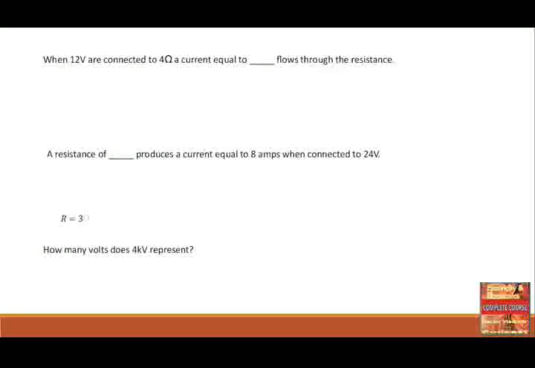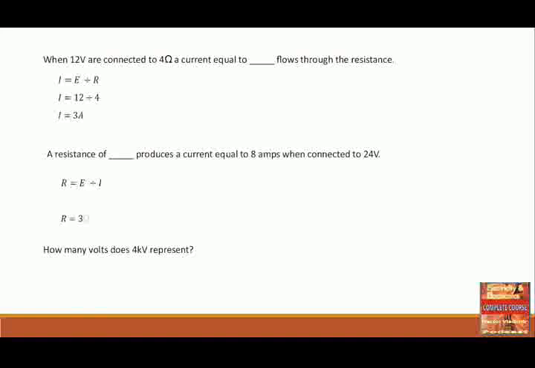When 12 volts are connected to 4 ohms, a current equal to blank flows through the resistance. For this we use the Ohm's law formula again, arranged as I equals E divided by R. That is, current equals voltage divided by resistance, and we get current equals 12 divided by 4. So current in this case is 3 amps.